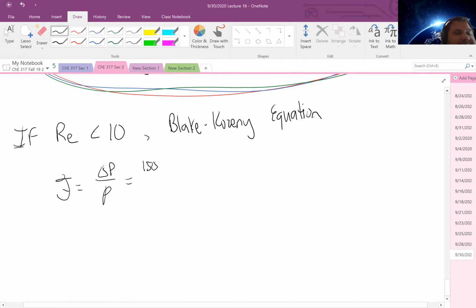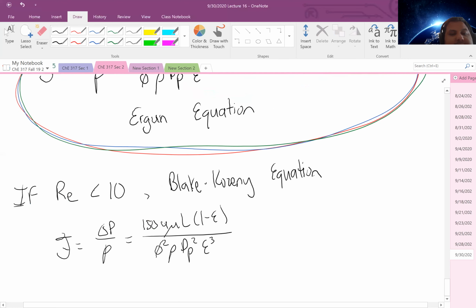So we're left with 150 times u mu naught L, 1 minus epsilon over sphericity squared, density, diameter of the particle squared, epsilon cubed. And so we can essentially neglect that second term.